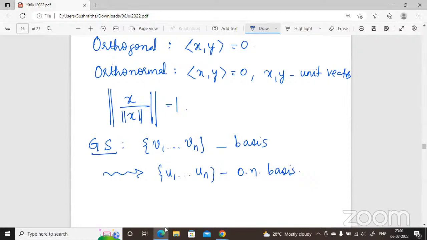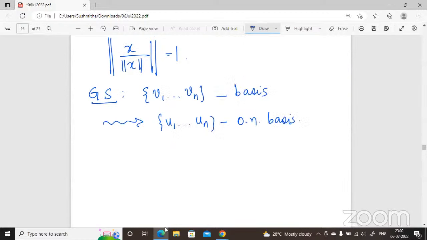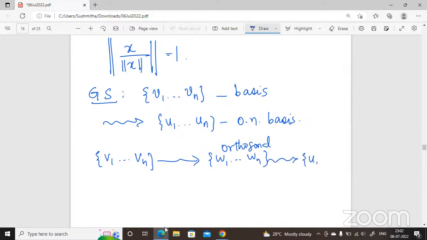That is, every pair of vectors satisfies this property and all vectors are unit vectors. Then we say it is an orthonormal basis. How do we do it? We start from V1, V2, up to Vn and convert it into W1, W2, up to Wn, which will be an orthogonal set. Then we'll convert it into U1, U2, up to Un, which will be orthonormal.